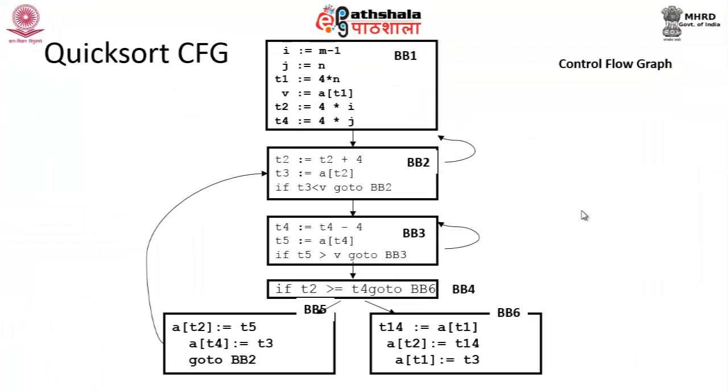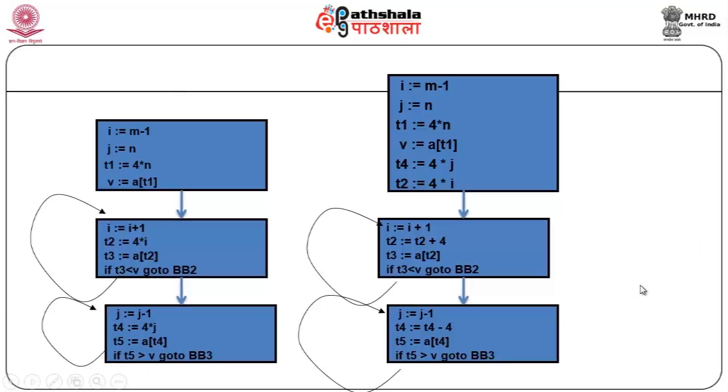Now, the last point is the comparison between i and j. If you look at this block, we already know that i is equal to i plus 1 and j is equal to j minus 1 become redundant, dead code here, because I am not using the values of i and j in this block at all. But the next block was comparing i and j. So rather than comparing i and j, I can use T2 and T4 themselves for comparison, because T2 and T4 indirectly reflect i and j.